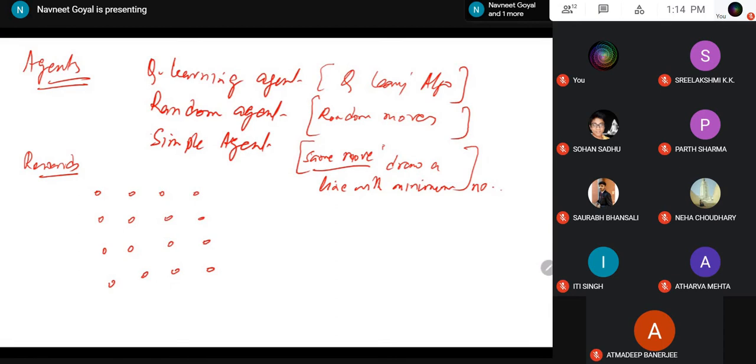So for 16 dots, how many lines? I think there will be 24 lines.